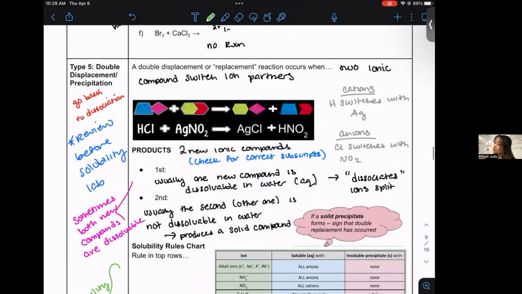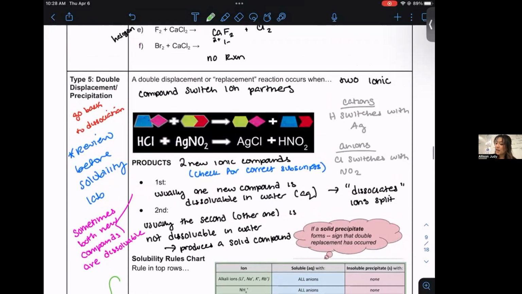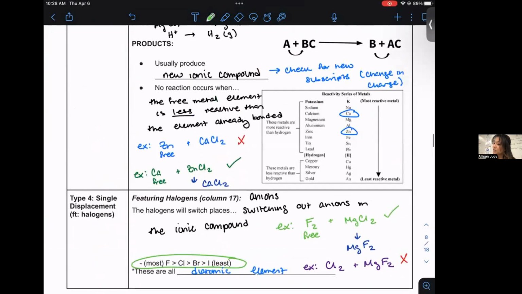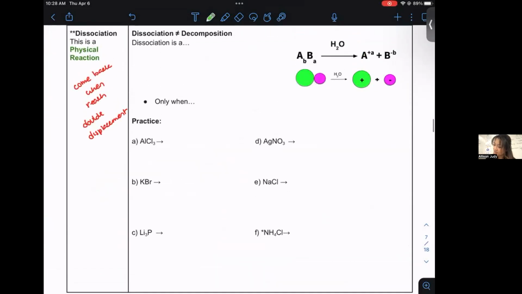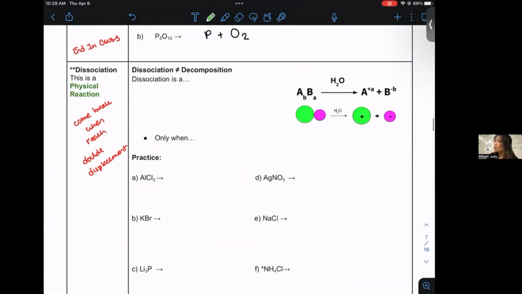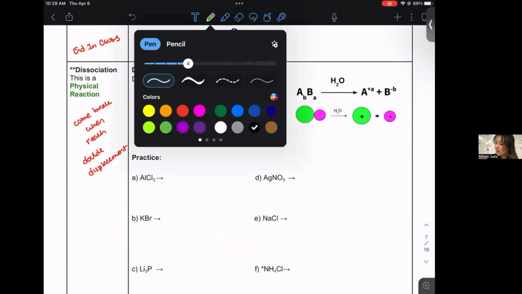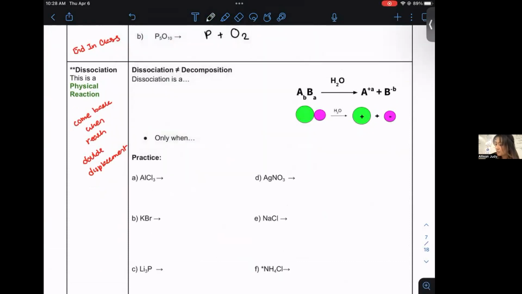But don't put anything away. Last minute, go back up to page 7. We have a physical process known as dissociation. Notice there's no chemistry happening here.